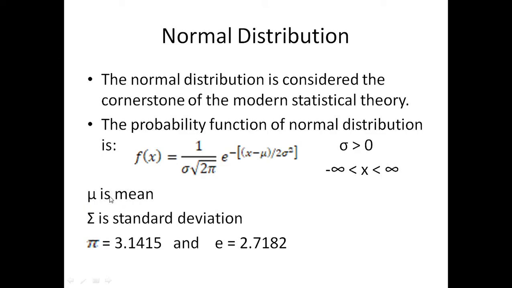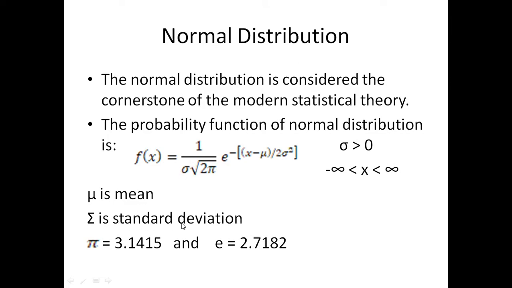In Basic Statistics 1, you have studied how to calculate this mu, so you are familiar with it. Then we have sigma. This is the capital letter for sigma, but mostly it is represented by this small one. Sigma is the standard deviation, which you have also studied how to compute.